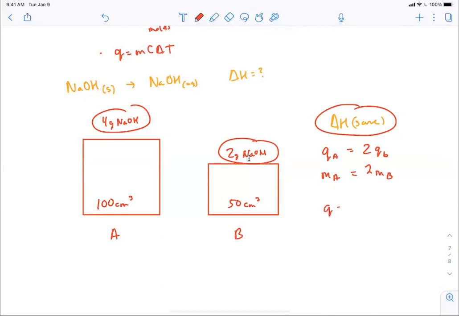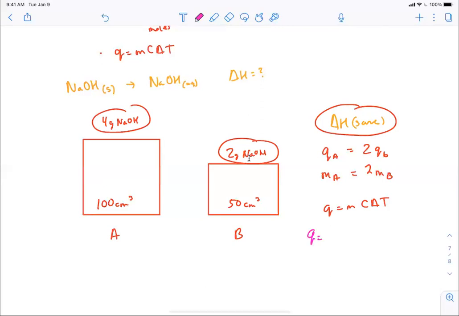And Q equals MC delta T. For this to be true, what does delta T have to be? Plug in your equations.